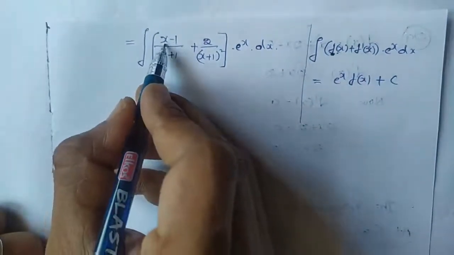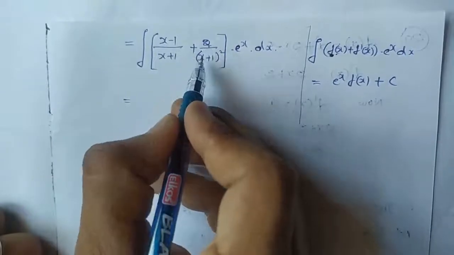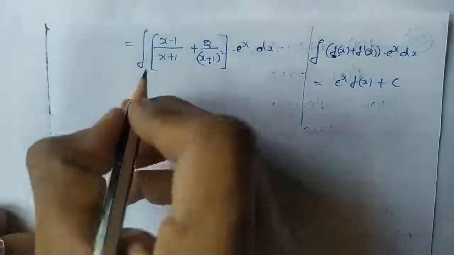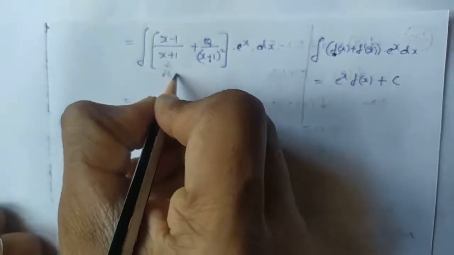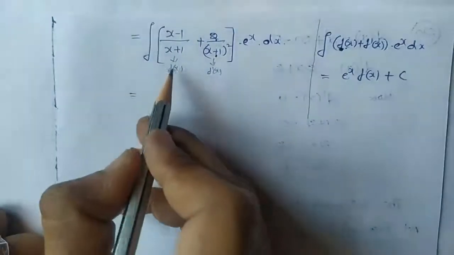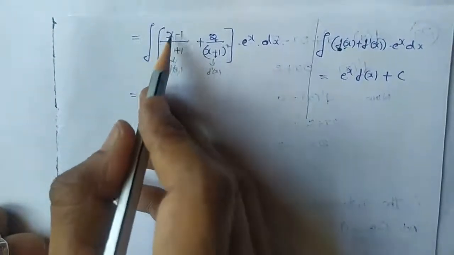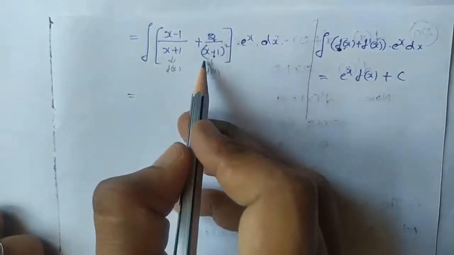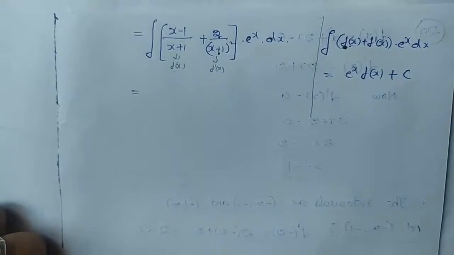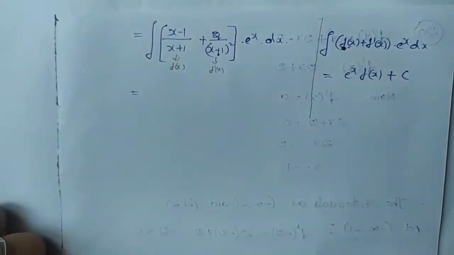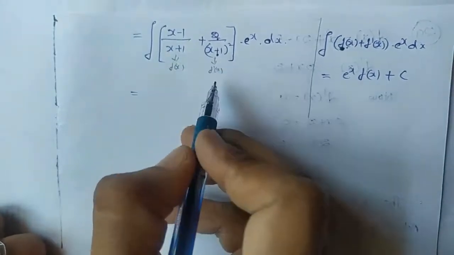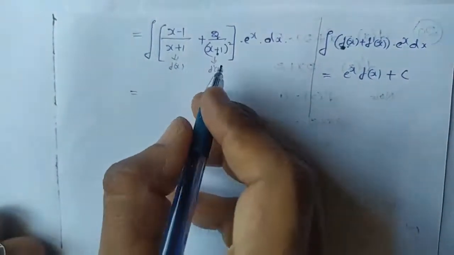If we differentiate x minus 1 by x plus 1, we will get 2 by x plus 1 whole square. You can check. This will be f of x, and this will be f dash of x, so it is in the form of the integration of f of x plus f dash of x into e power x dx.